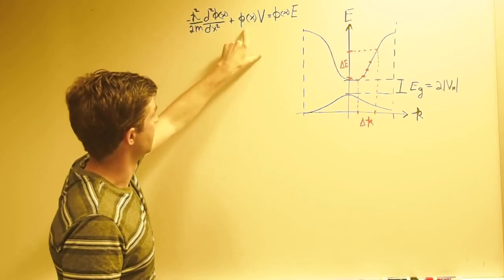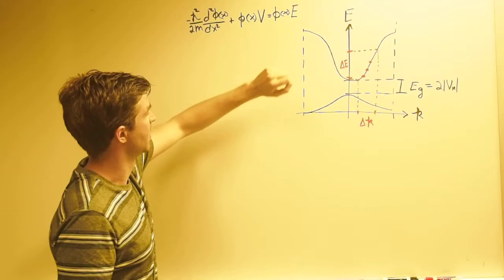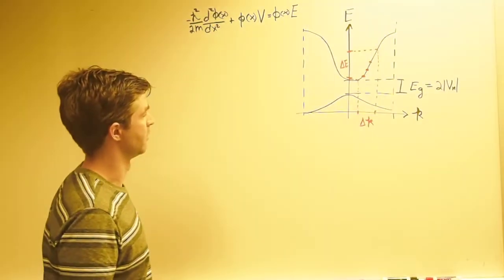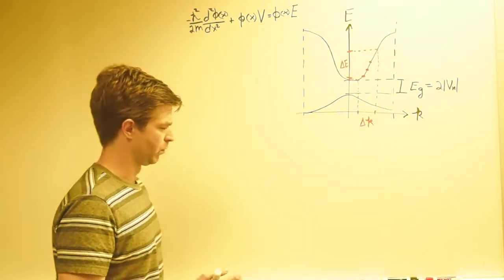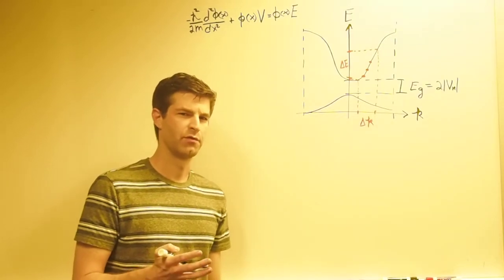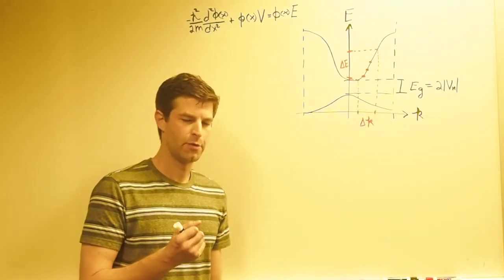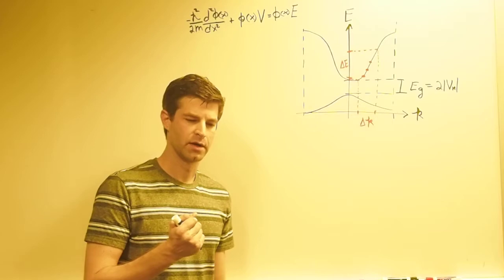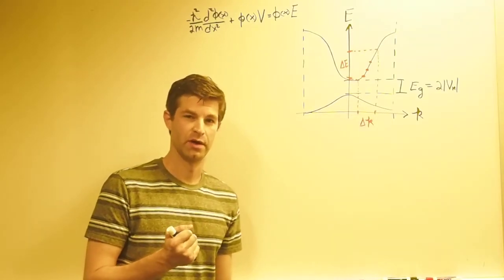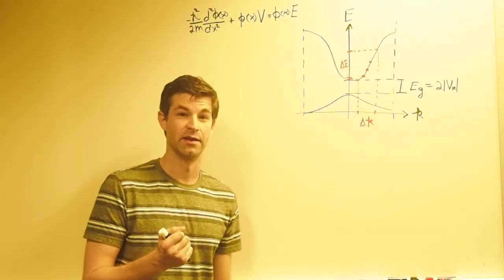Phi is the wave function, V is our potential, E is going to be the electron energy. And so what we're looking for in density of states is where the states are available for an electron to exist in some band in a semiconductor.